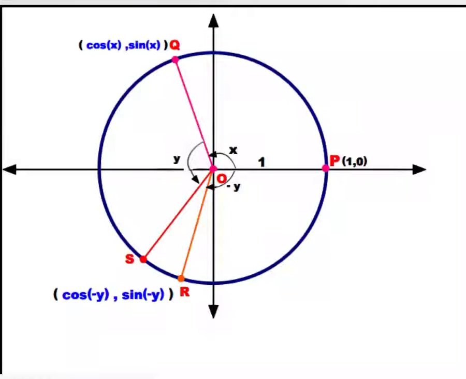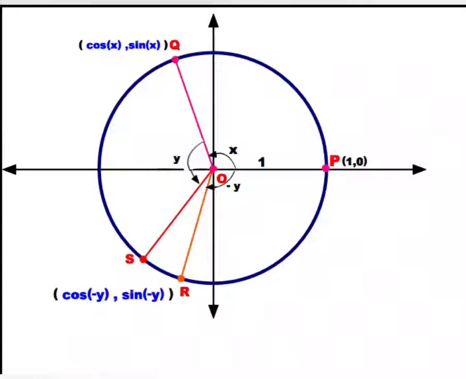Now take one more point S on the circle such that OS makes angle y with OQ in anti-clockwise direction. Then OS makes angle x + y with positive direction of x-axis taken in anti-clockwise direction.